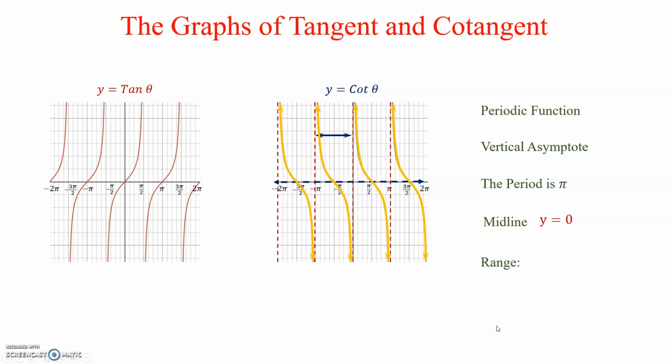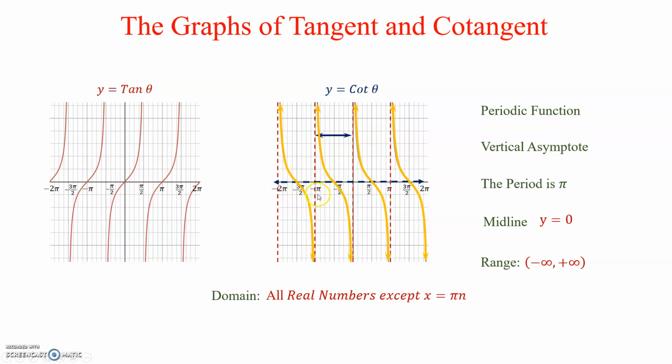The range is just like tangent. Goes on forever, going down and up, so all real numbers. While the domain is just like the tangent, all numbers from left to right except where there's an asymptote. And the asymptote here seems to be occurring at every multiple of pi.